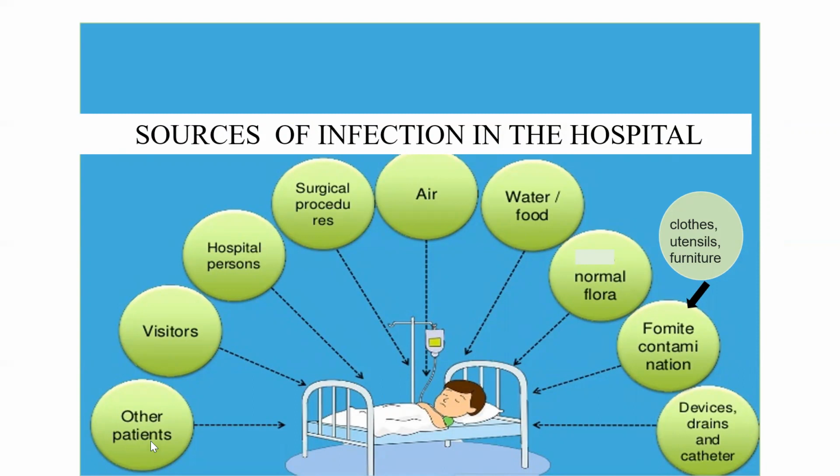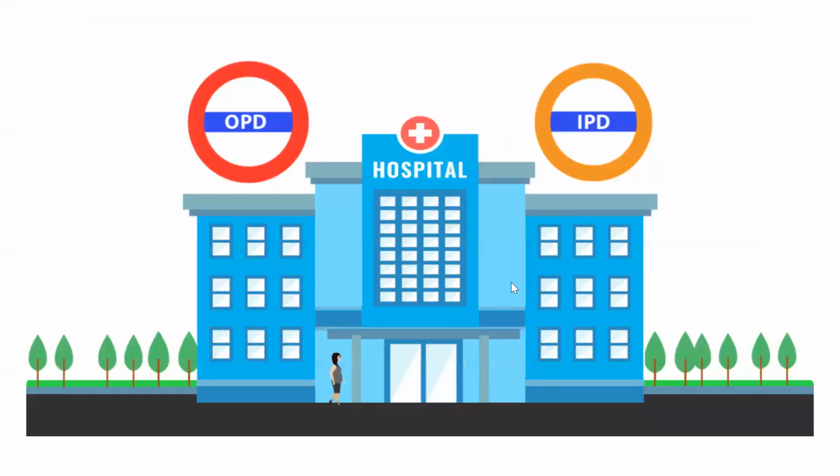So from other patients, from visitors, from hospital personnel, surgical procedures, that is invasive procedures, the air content of the hospital, contaminated water and food, normal flora of the patient itself, then clothes, utensils, then furniture, that is a fomite contamination, and other devices, drains, and catheters. So from so many sources, the infection can come from the hospital.